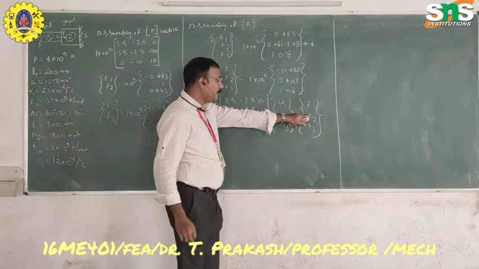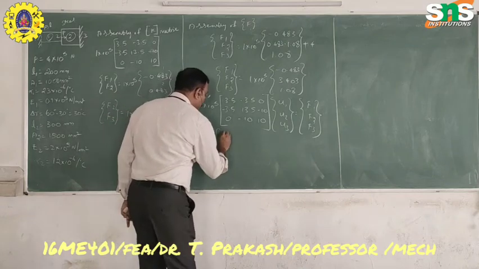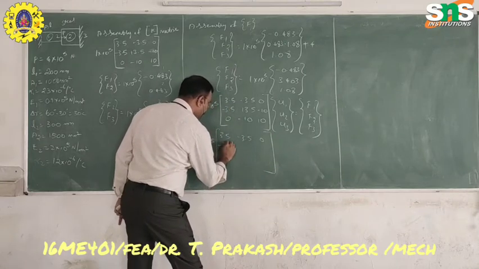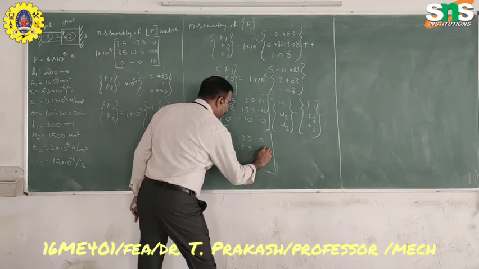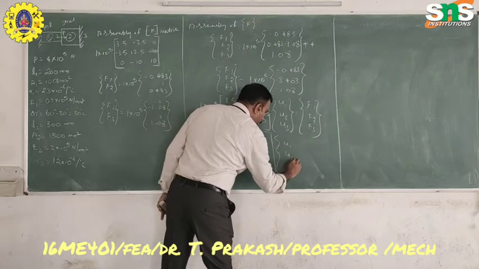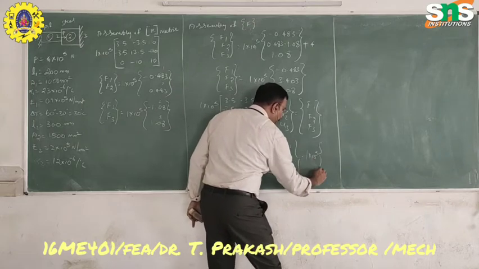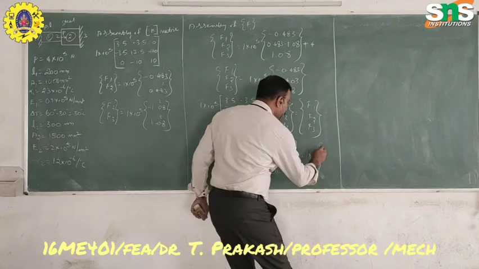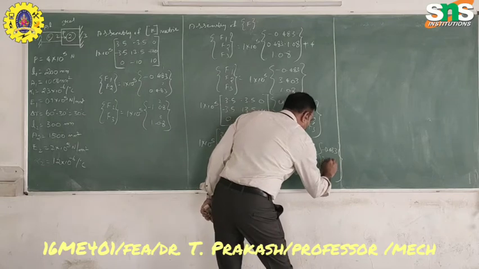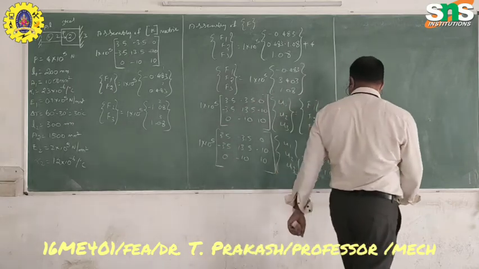Now you substitute the values of F1, F2, F3 here, and you get the value 1 into 10 power 5 as the common term. Write the F1 value 0.483, 3.403 and 1.6. It is the assembled values.